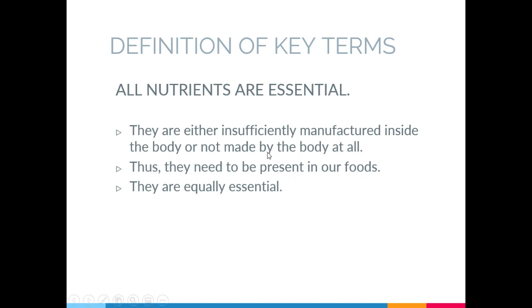We are able to manufacture it, and the body's needs for cholesterol are met, so therefore cholesterol is not considered an essential nutrient. Because although we need it, what our body produces is enough. So we don't need additional cholesterol from our foods.